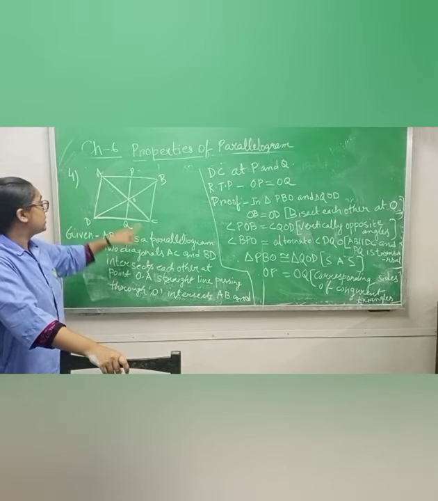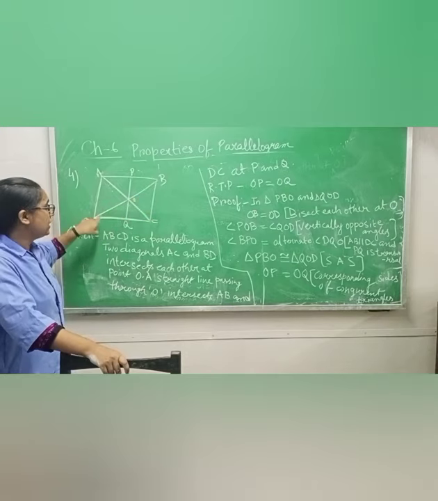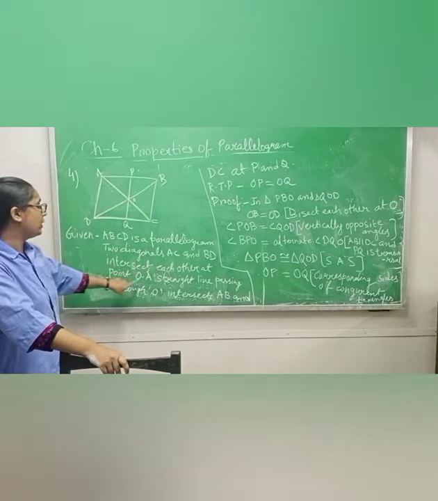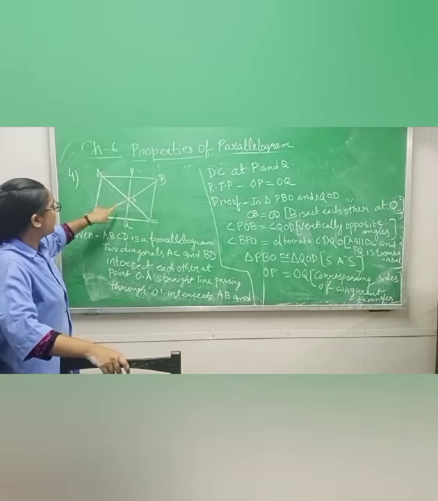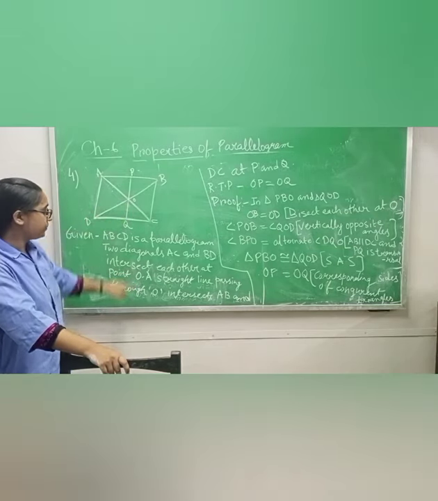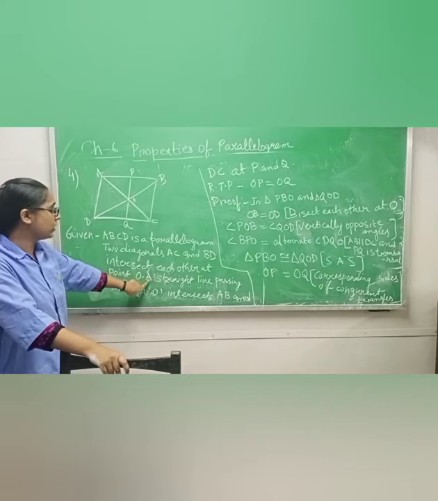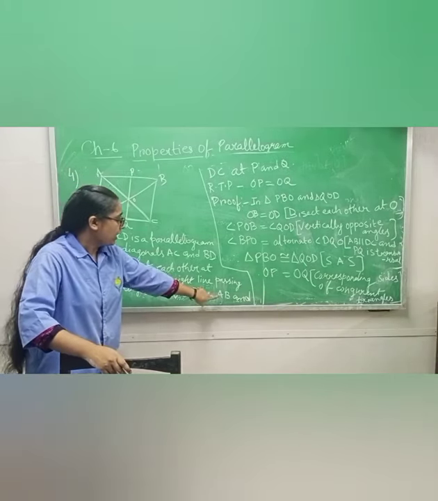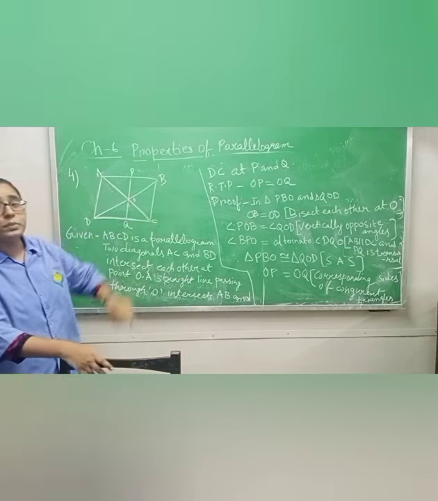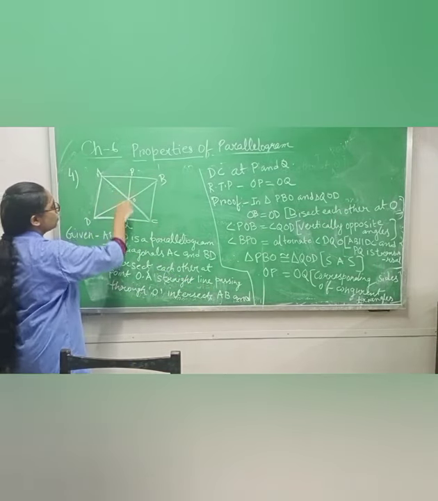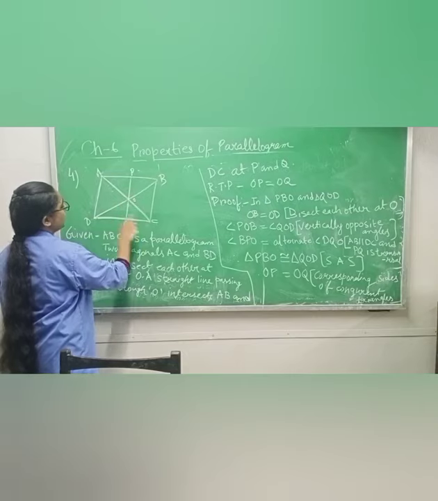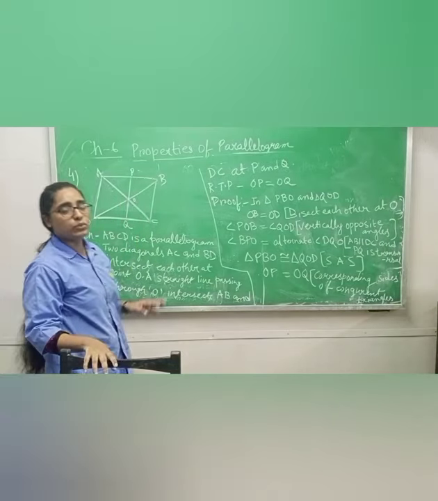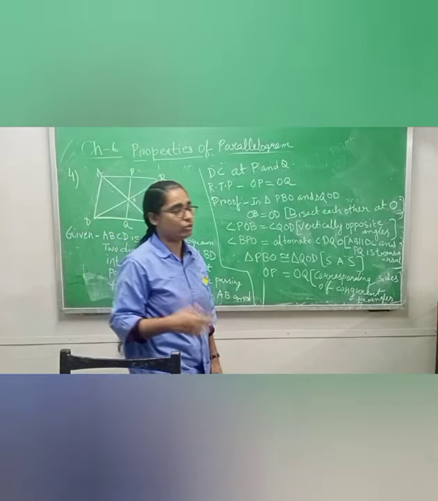The two diagonals AC and BD intersect each other at the point O. A straight line passing through O intersects AB and BC at points P and Q. All the things are given to you in the given part, whatever we write from the question only.